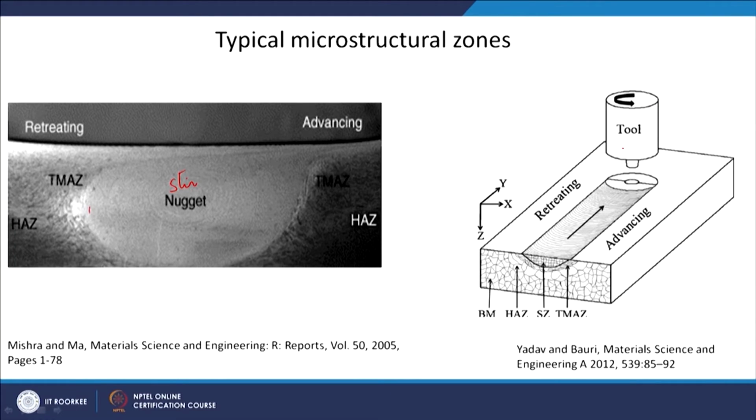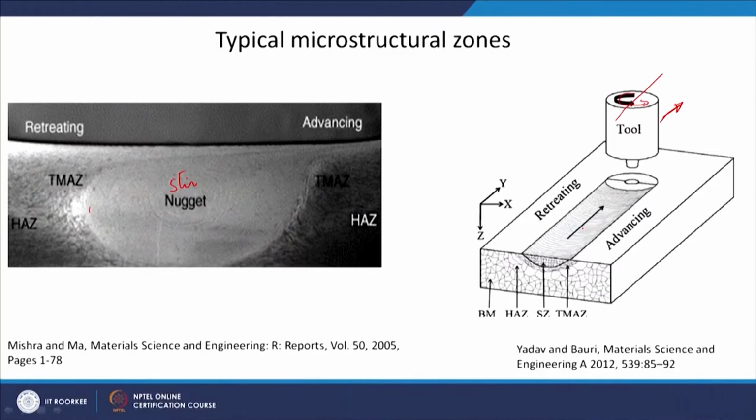In this schematic you can see the tool is rotating like this, and the tool is also moving in this direction. When you have this kind of condition, you will obviously have two different sets of material flow on either side of the tool. If I take this as the center line, on this side my rotation direction and my traverse direction are in the same direction.